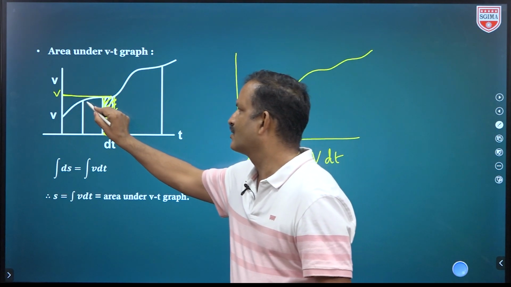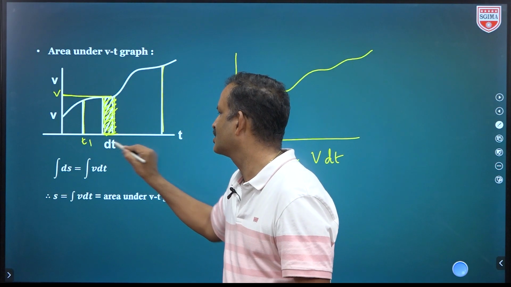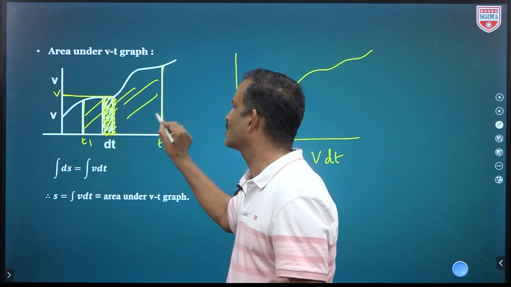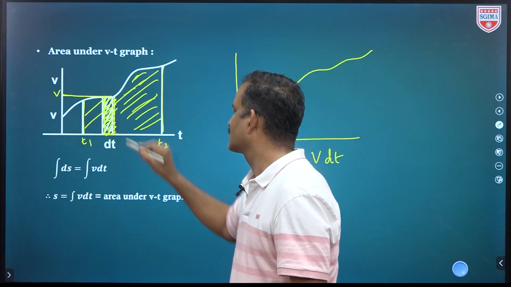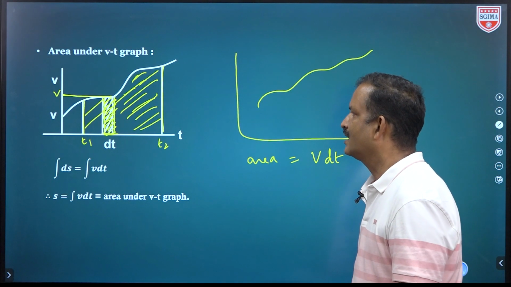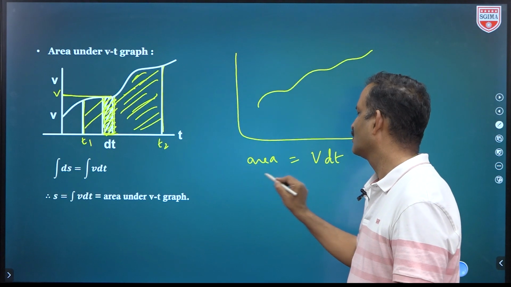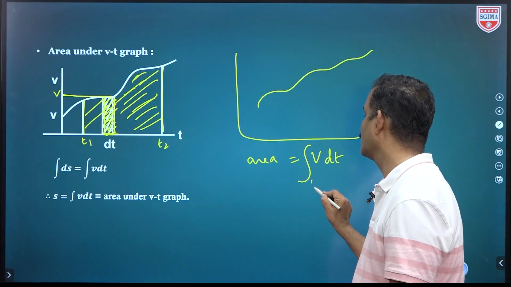Suppose I want to find the area from this point to this point. This time is t1, this time is t2. How do we find this total area? In calculus fundamentals, we learned that integration gives the total area. To get the total area, you have to integrate from t1 to t2.